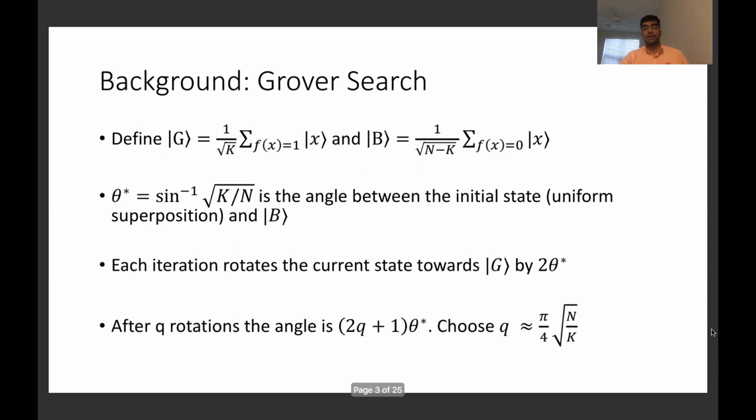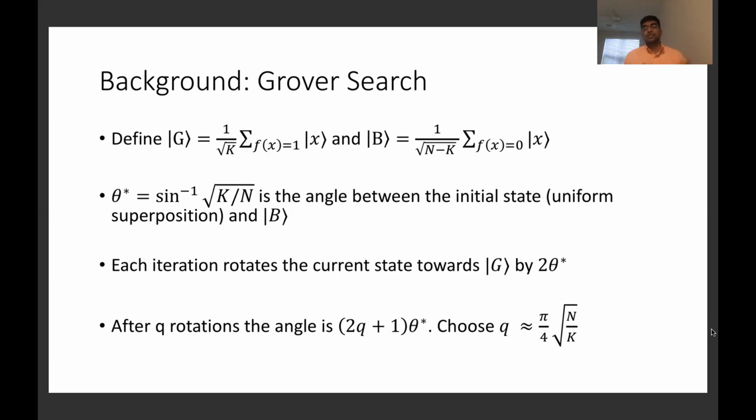But first, for some background, let's talk about the search problem. So the search problem was famously solved by Grover's algorithm. How Grover's algorithm works is first you initialize your state to be the uniform superposition of inputs. Now for convenience, let's define two states G and B, which we think of as the good state and the bad state respectively.